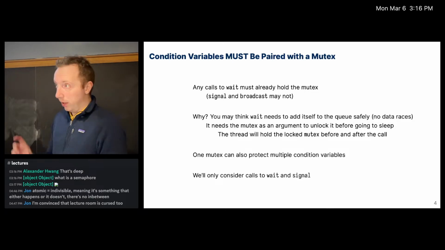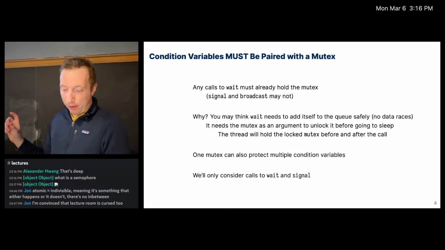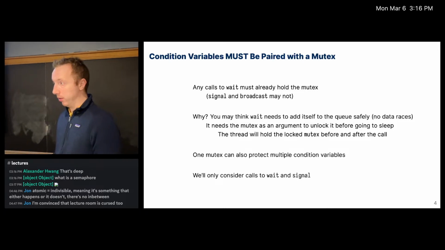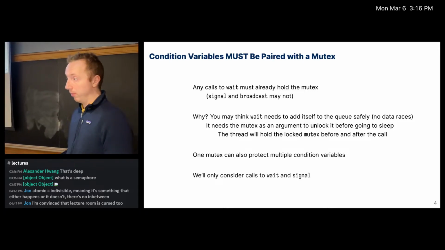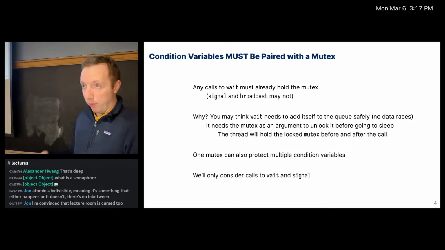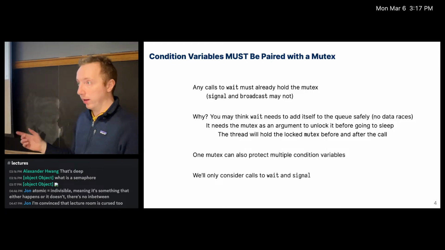And then it needs that mutex argument before going to sleep, because atomically it will add itself to the queue and also unlock the mutex so another thread can go ahead, execute, hopefully make the condition true, and then wake you back up. Whenever you get woken back up, before wait actually returns back to you, it will try to reacquire that lock.